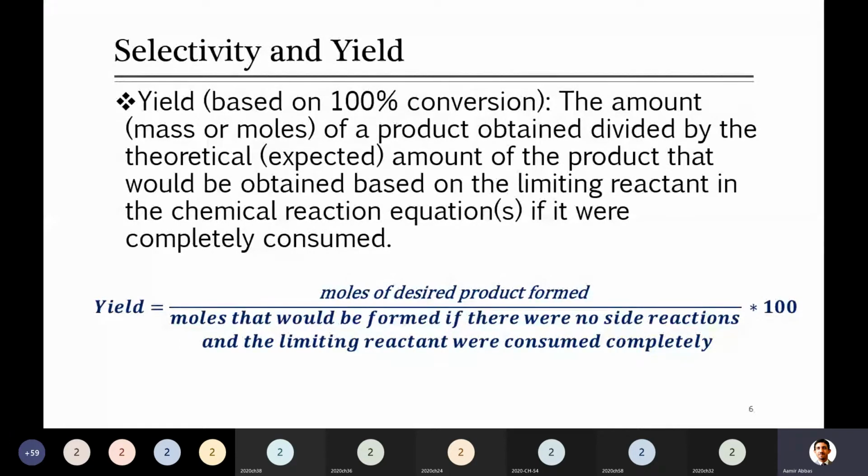If you remember from the last lecture, we discussed this, the last problem which we solved, about how much maximum product can be produced. Do you remember that? That depended on the number of moles of the limiting reactant. Do you remember this?